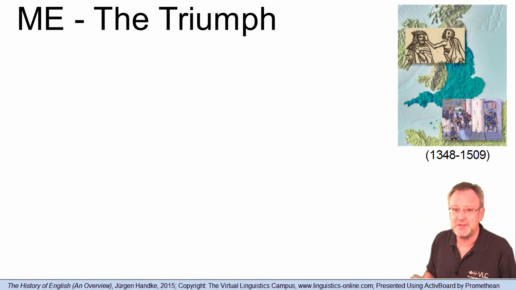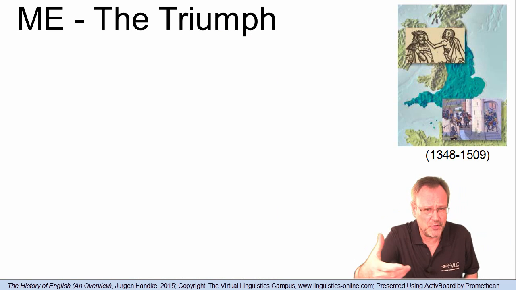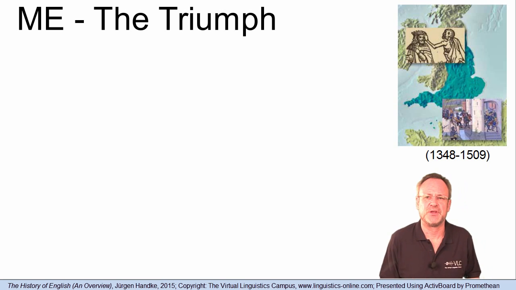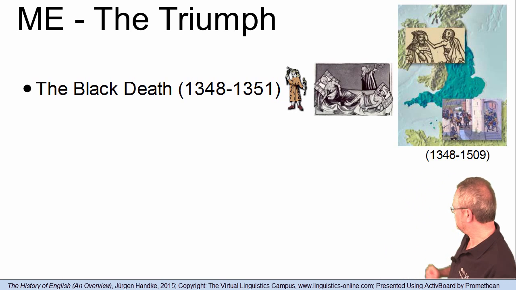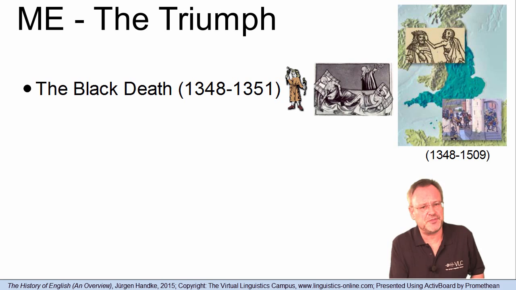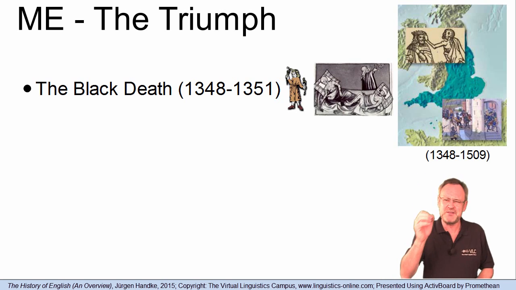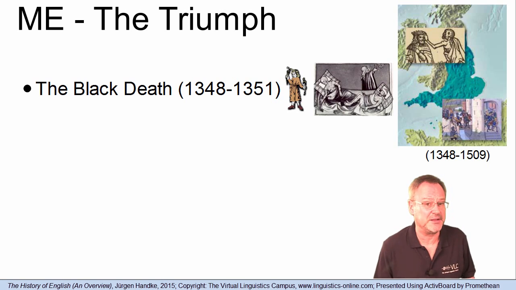Although French remained the official language of England well into the 14th century, two events of that time sealed its fate. The first was the Black Death, when between 1348 and 1351, 1/3 of the people in England died.